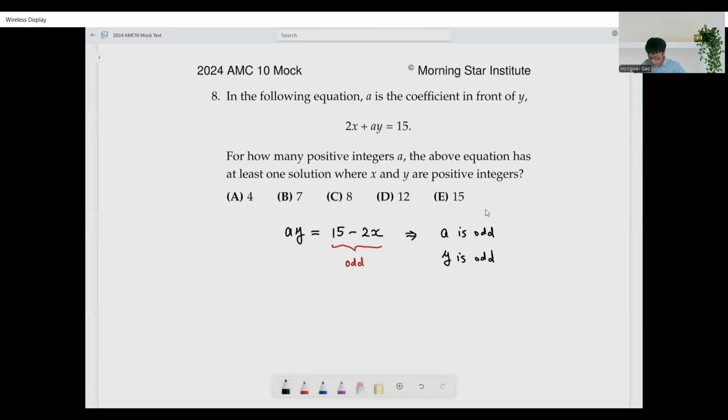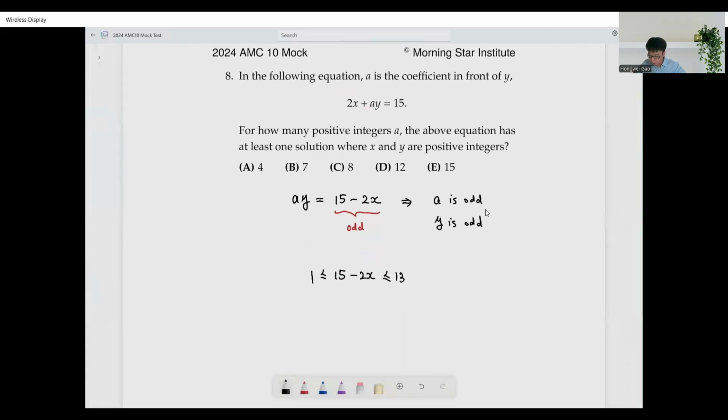Next, we see that 15 minus 2x, if it's an odd number, is at least 1, and at most 13, because x is at least 1. So we can only consider the cases that a is an odd number between 1 and 13. A can be any odd number between 1 and 13.